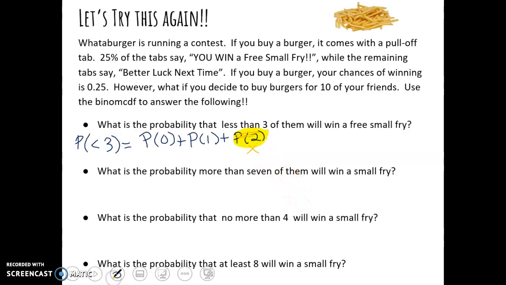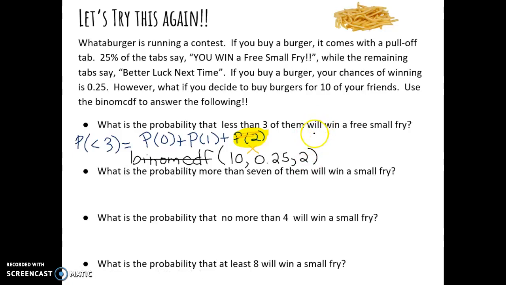So we're going to do Binomcdf. We're still going to do 10 trials. We're still going to do 0.25 for our probability, and we want it to stop adding at the probability of 2.